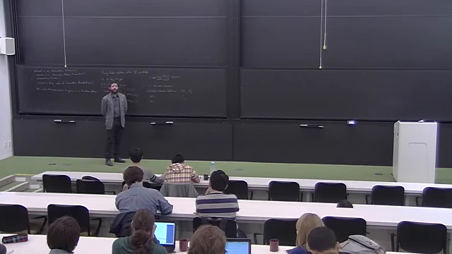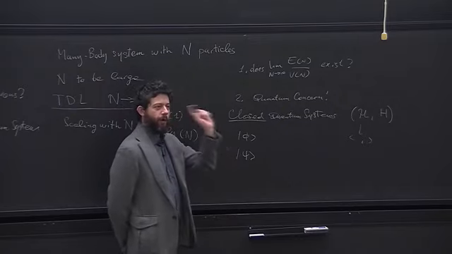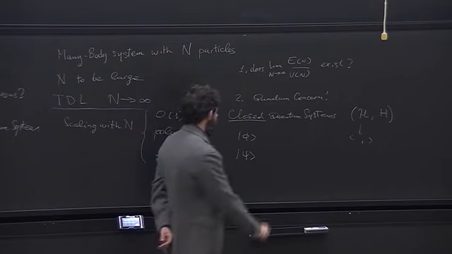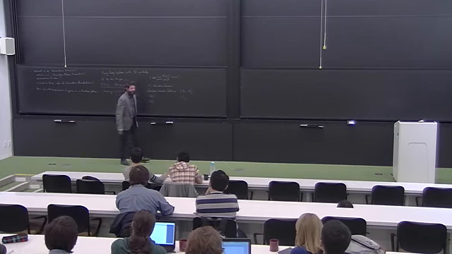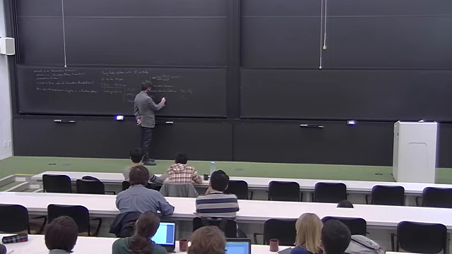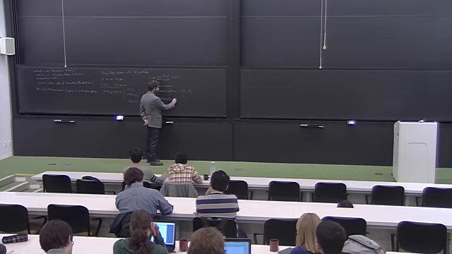Let's start with just 1 degree of freedom. So this is a quantum state, and this is another quantum state. We have one particle. And imagine that these two states are very, very close. This means that their overlap is almost 1. So I write it in this way, 1 minus epsilon.